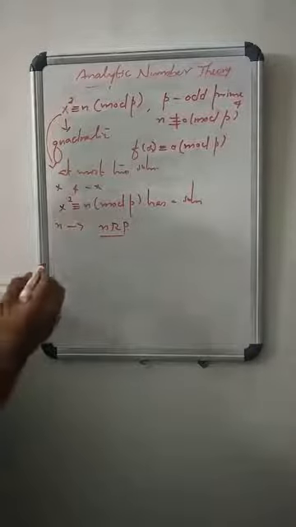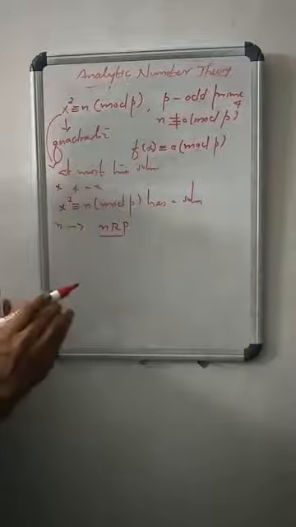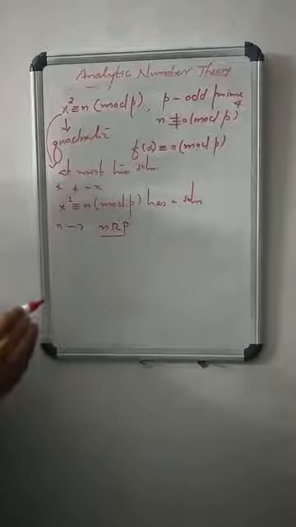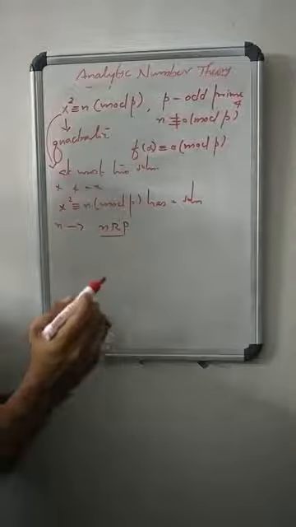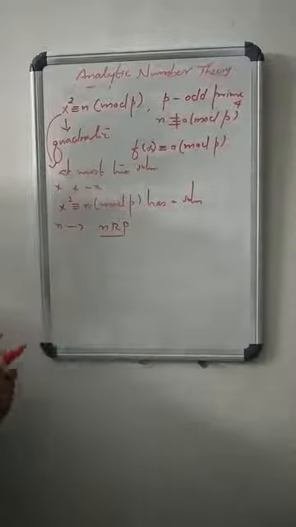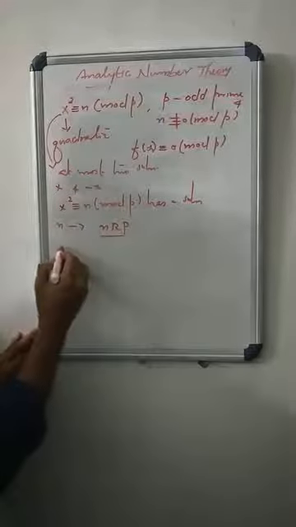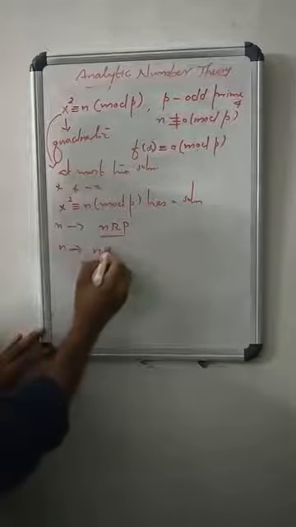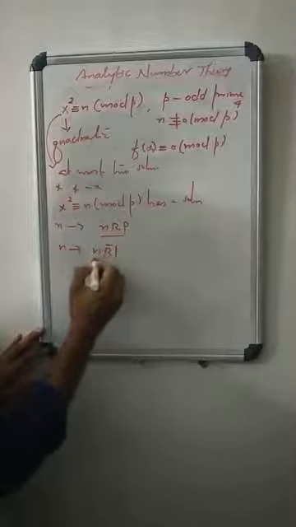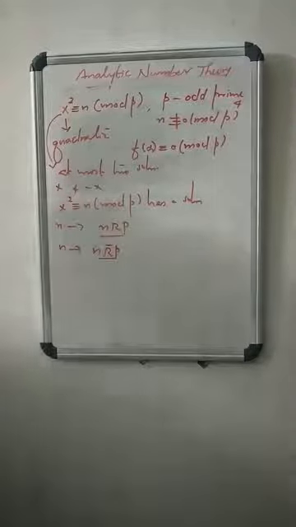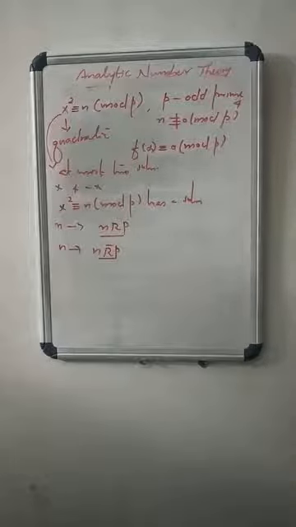If x squared congruent to n mod p has no solution, then n is said to be a quadratic non-residue mod p, written as n R-bar p. These are quadratic residues and quadratic non-residues.